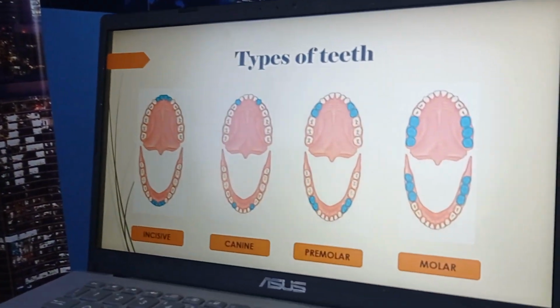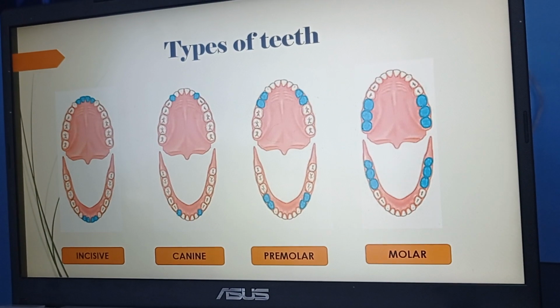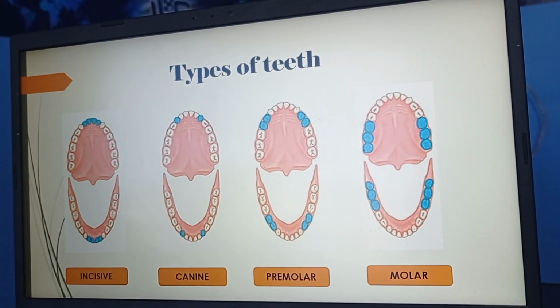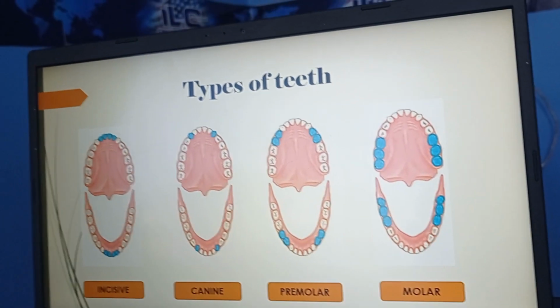The next, the molar teeth, are the largest pieces and are known as grinding wheels. They are located at the back of the mouth with 6 pieces on the top and 6 pieces at the bottom.